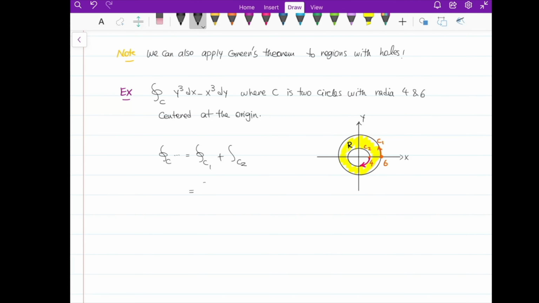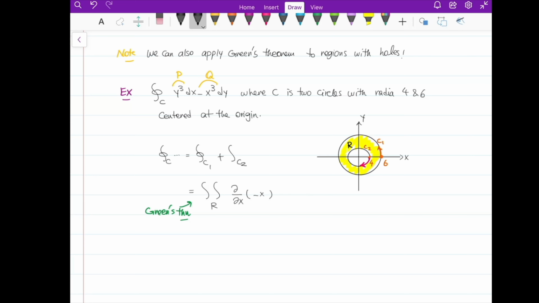Okay, so it's equal to what? Using Greens theorem, it's equal to the double integral over R of the partial derivative with respect to x of q. This is p, this is q.